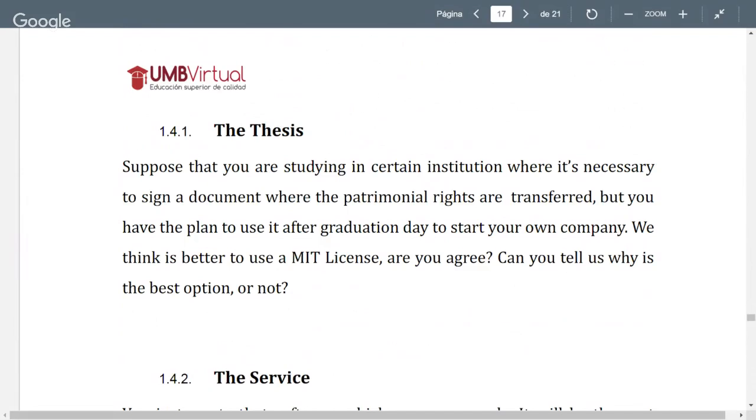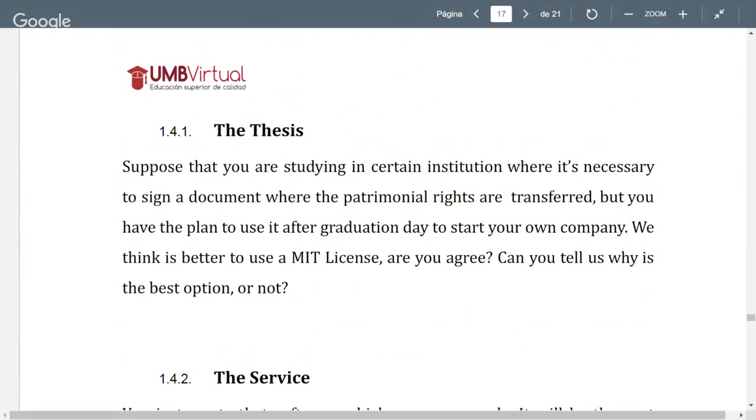So I will give the question that you need to answer for the second activity, and it is this one: which is the best way to get money from this situation? Meaning, you want to make a new business with this software, and what are the advantages that you have if you do that?